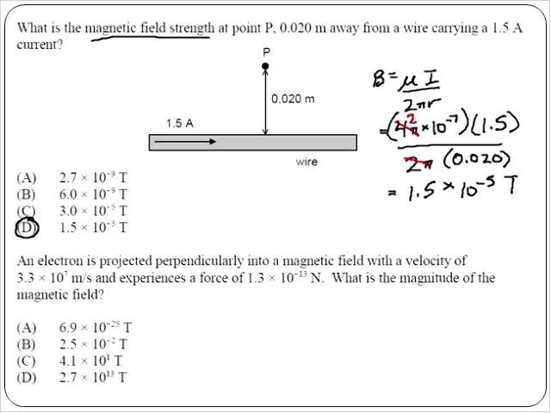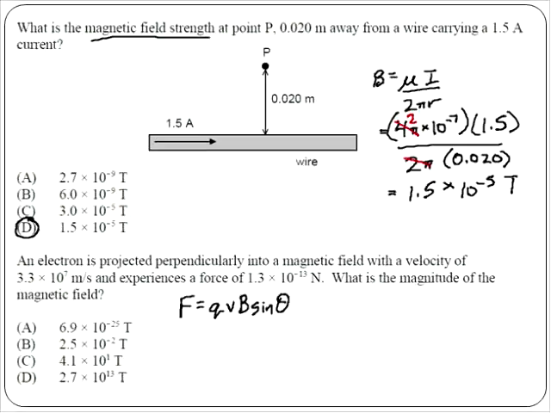Okay, so that's one of the equations we can use with magnetic fields. The next one also deals with one of the equations. This time it talks about an electron being projected perpendicularly into a magnetic field with a velocity. As soon as you see the velocity and the fact that it's a single charge, here's the formula: F equals QVB sine theta.